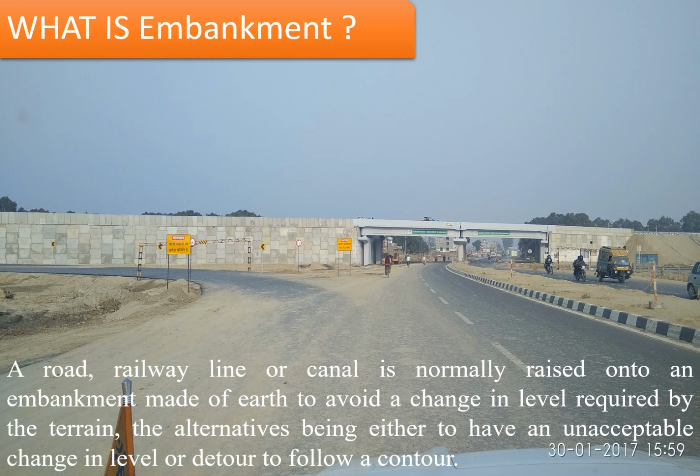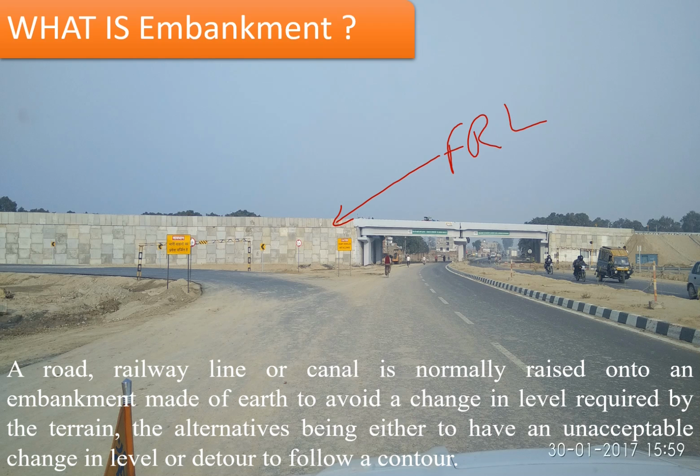What is an embankment? An embankment is required for roads, railways, and canals, and is raised using earth to avoid the change in level. If you see the photograph, we have a road which has an FRL, that is the finished road level, at this level.